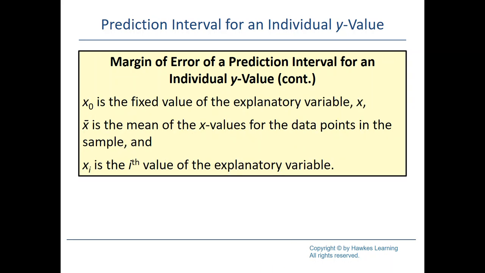Now there's a couple other symbols there, so let's talk about them. X sub 0 is the fixed value for the explanatory variable, so that independent variable. And then x bar is the mean of all the x values from the data itself. And then x sub i is the ith value. Ith value sounds a little weird, but basically it's the individual data value in the independent data for the x's.